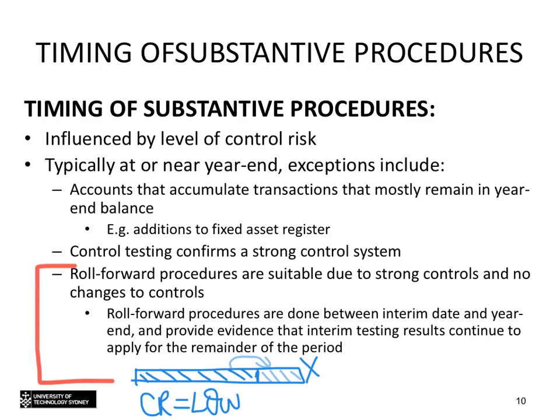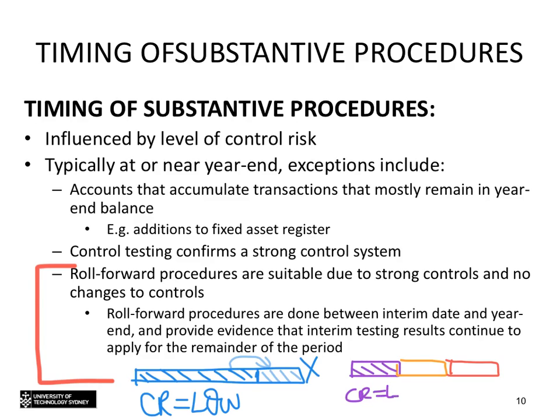I'm going to have 3 different years. Year number 1, year number 2, and year number 3. In year 1, I go away and I test internal controls, and I find controls are working really well, and I say, look, controls are really great, control risk is low.